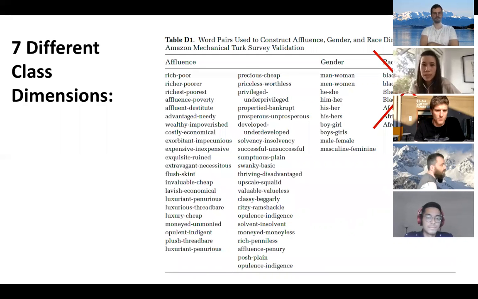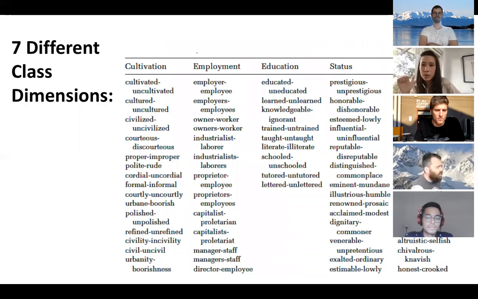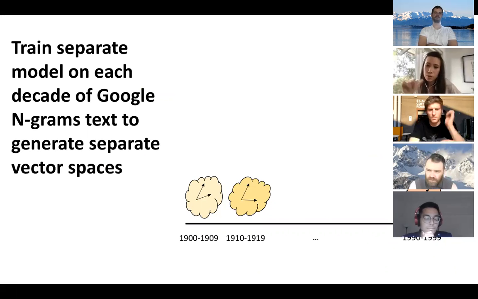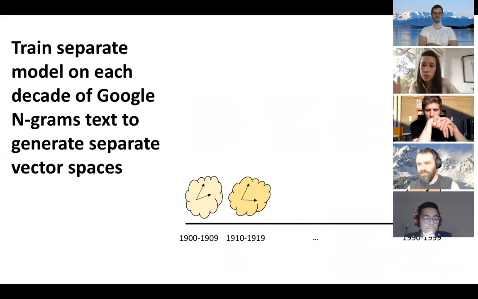They throw out race, and they include 5 more based on cultivation, employment, education, status, and morality. And then to explore how these dimensions change over time, they train separate embedding models on each decade of Google Ngrams text to explore the evolution of cosine similarities between each construct and all the other constructs.